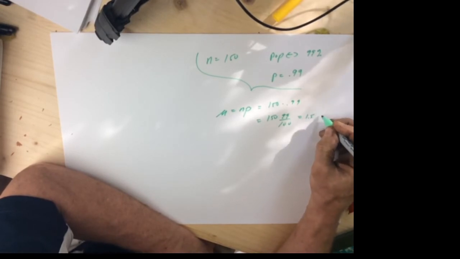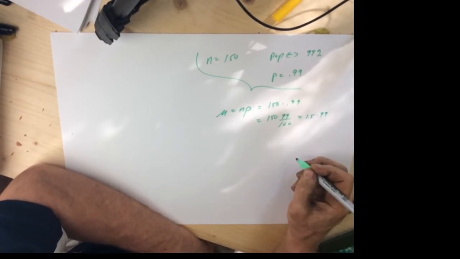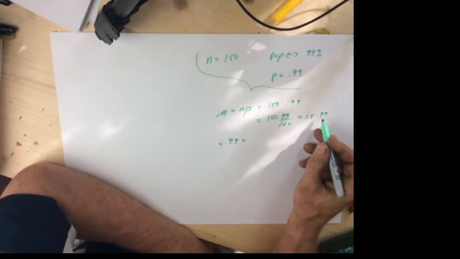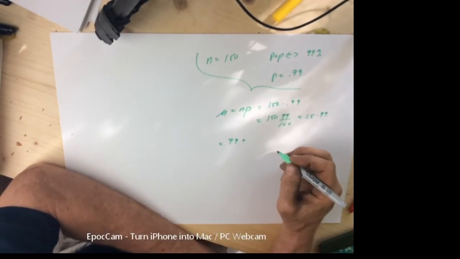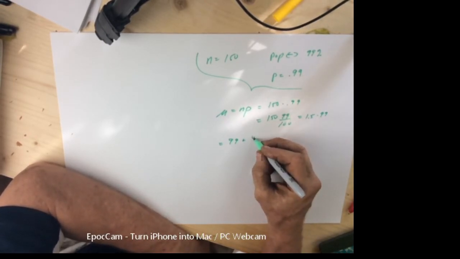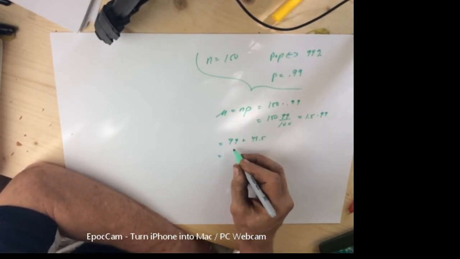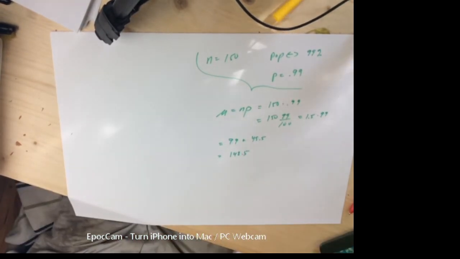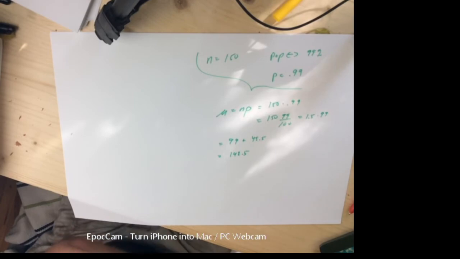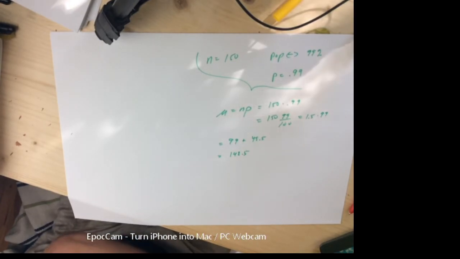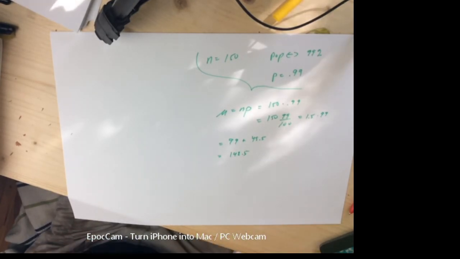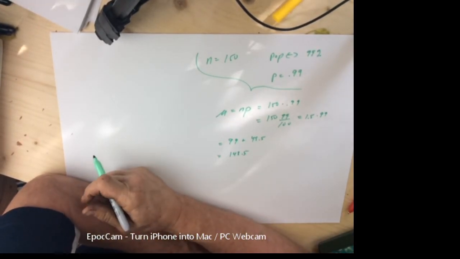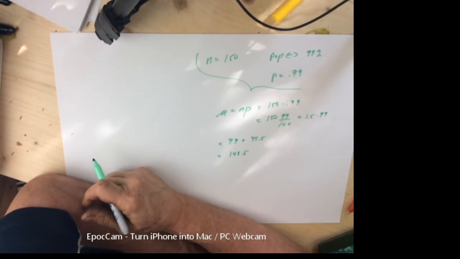It's 1.5 times 99. So that's 99 plus half of 99. Is it going to be 49 and a half? Well, we'll put 49 and a half. So we get 148.5. So, how many kernels do you expect to find popped? Well, it looks like 148, 149, very reasonable. This looks like a great bag of popcorn. It has very few unpopped kernels in it.